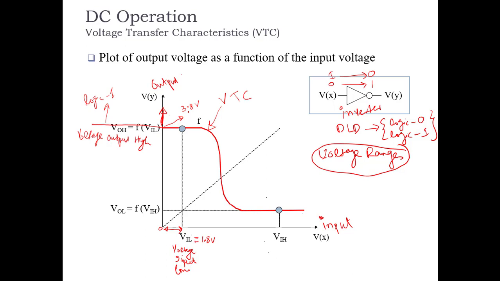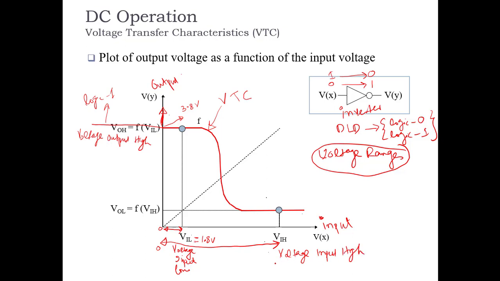Again, if I want to enter a 1 to my NOT gate, the voltage should be above VIH, where VIH means voltage input high.